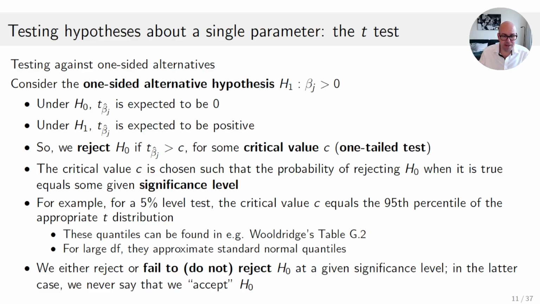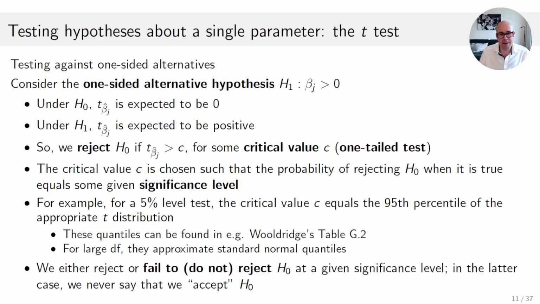And as I said earlier, this might all ring a bell. It's the exact same logic as you've had earlier in statistics. The one difference could be that there you haven't seen it for regressions, but it's the exact same idea.